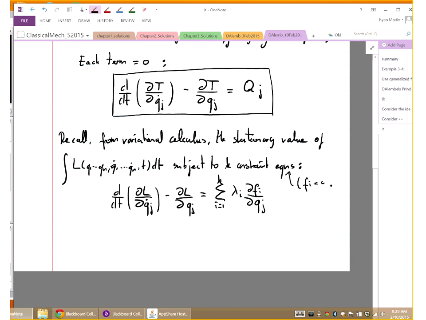The constraint equations were Fi equals 0. So that kind of looks similar, right? You have a d by dt of a ∂ by ∂qj dot, and then you have a minus ∂ by ∂qj, and then equals something on the right-hand side.